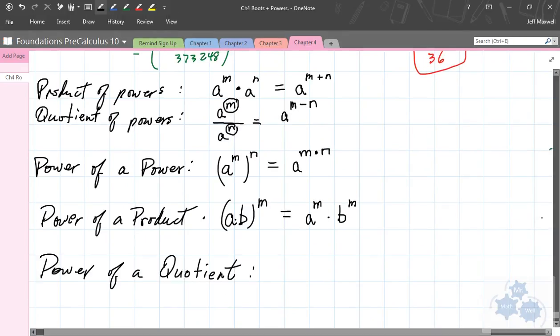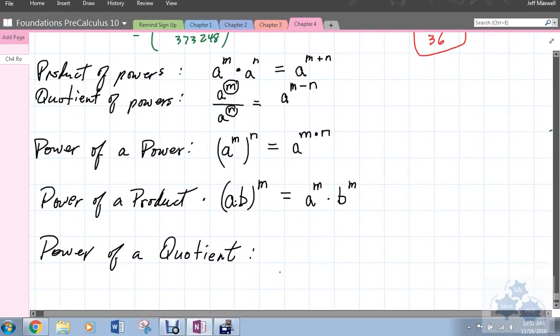The final one that we'll talk about today is the power of a quotient. So just like a product, if we have a divided by b, and that's to some exponent m, that is the same as the exponent being applied to the numerator, the top, and the denominator, the bottom. Now, it's important to note that b can't be equal to 0.